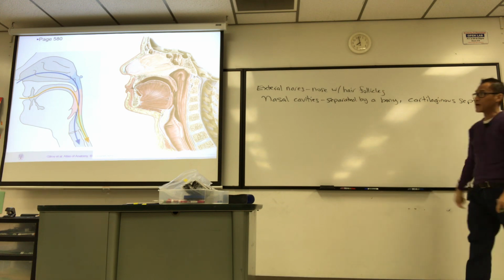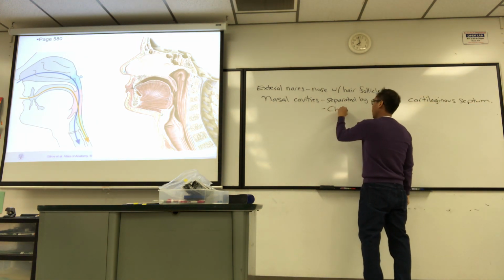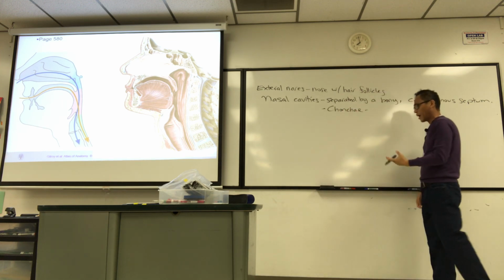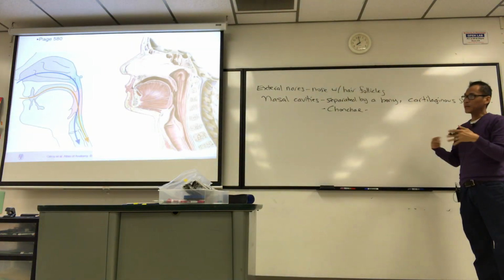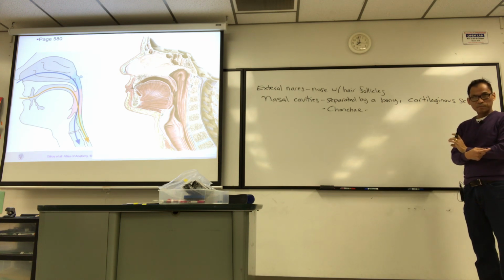The nasal cavities have conchae. And those are described as like these little air turbinates. And when you breathe air in, they'll kind of break up the airflow and start to warm and humidify air.